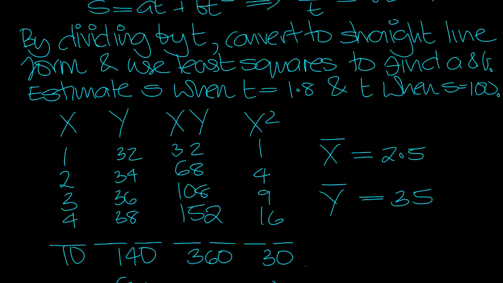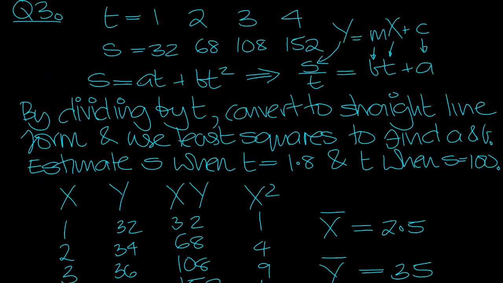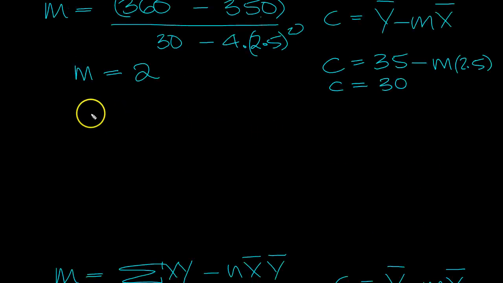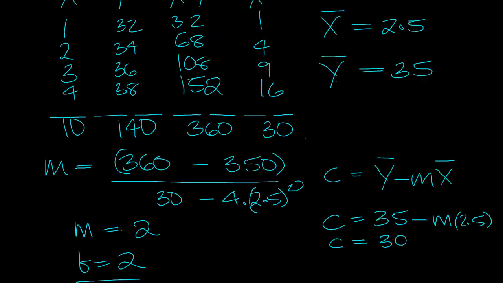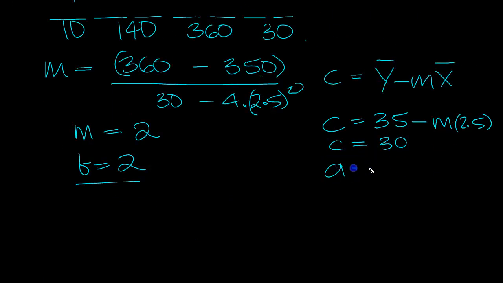So we end up with then s over t. So m, b is m, isn't it? So b equals 2. And what was the other one? A is the same as c, so a is equal to 30.